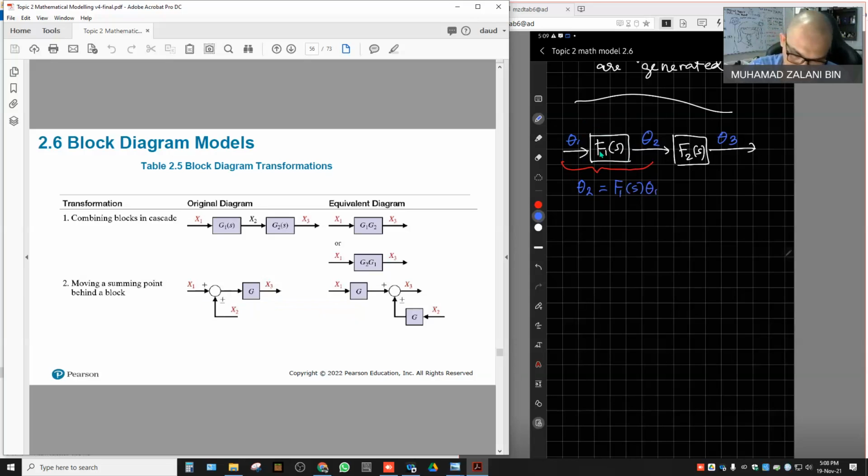How about the second block? We can determine theta 3, which equals F2(s) theta 2. So here we want to eliminate theta 2, because we want to combine these two blocks. So we rearrange the equation to eliminate theta 2.